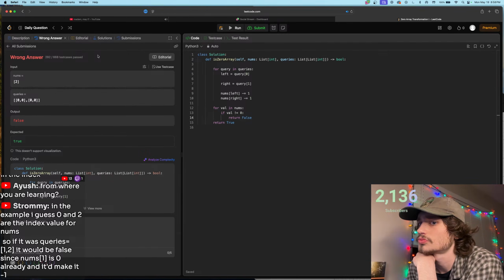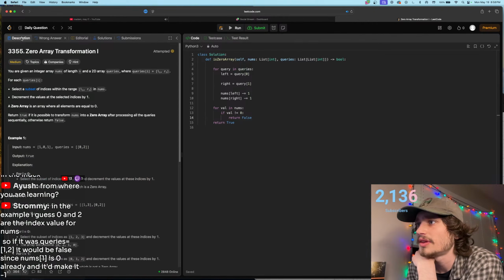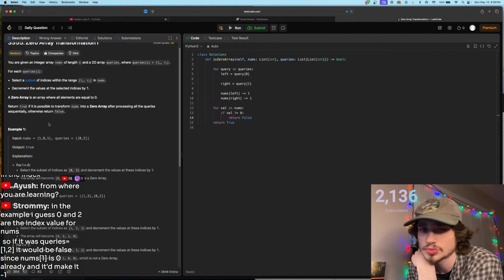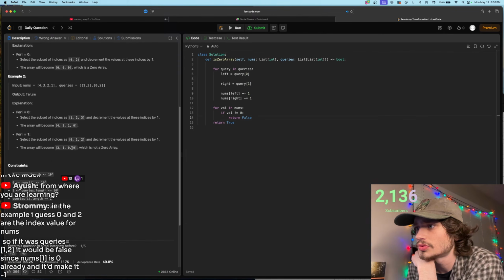Stromy says so if it was queries equals 1, 2, it would be false since nums 1 is 0 already and it'd make it -1. I guess in the example, queries are 1 and 2.